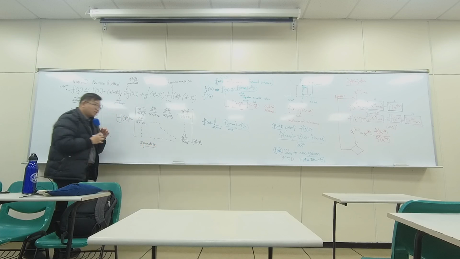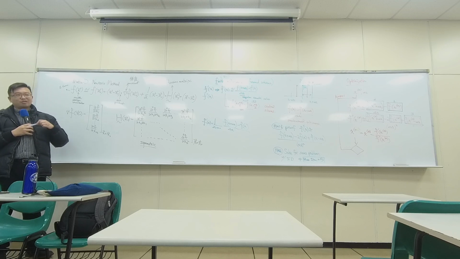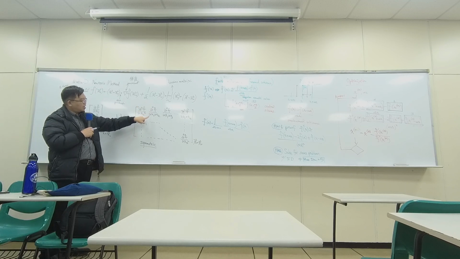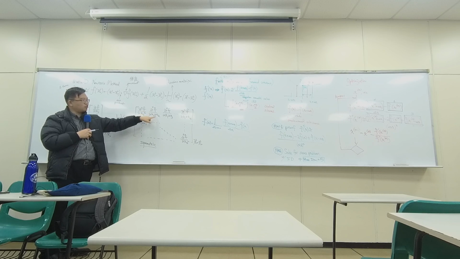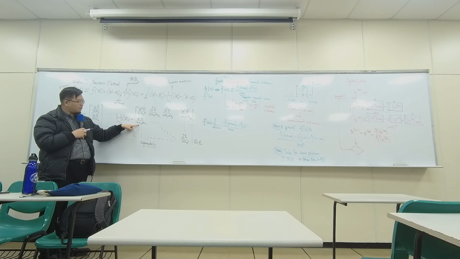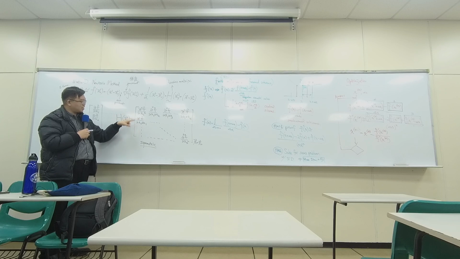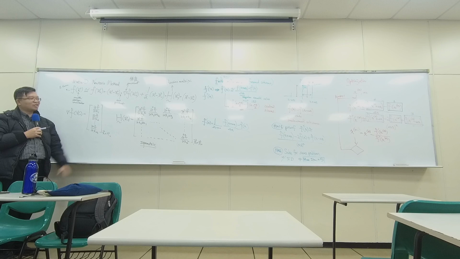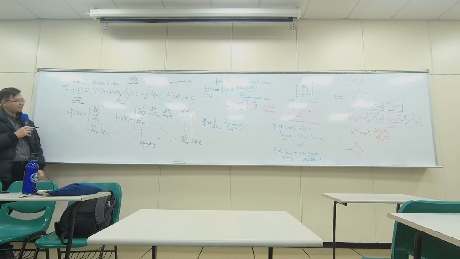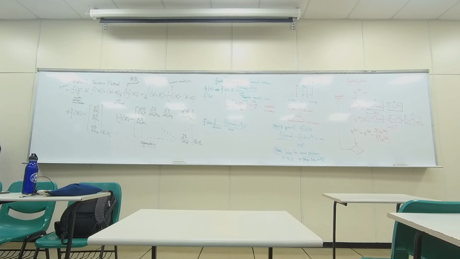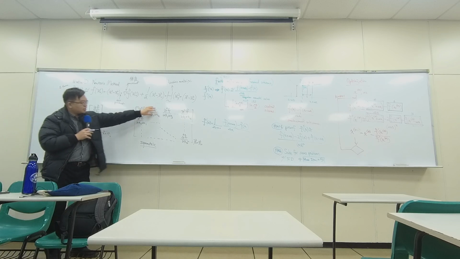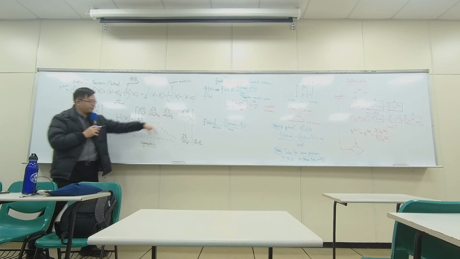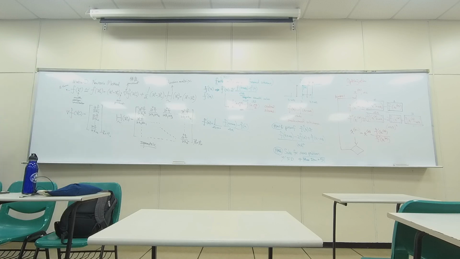For most well-behaved functions, the partial derivative with respect to x1 and then x2 is usually the same as with respect to x2 and then x1. It's hard to pronounce, a very long name. Usually symmetrically the same. Okay.